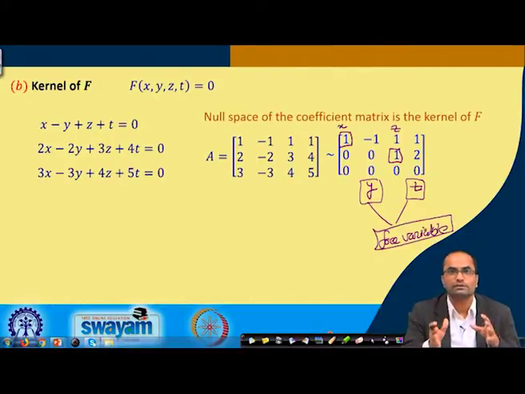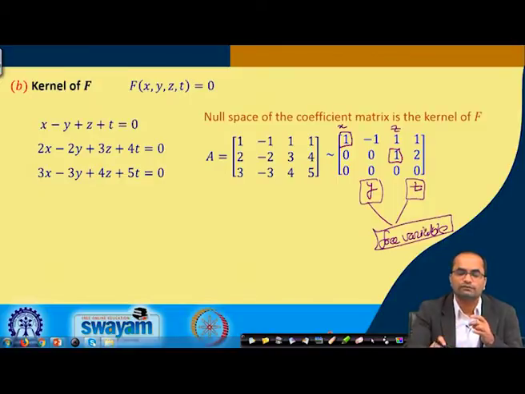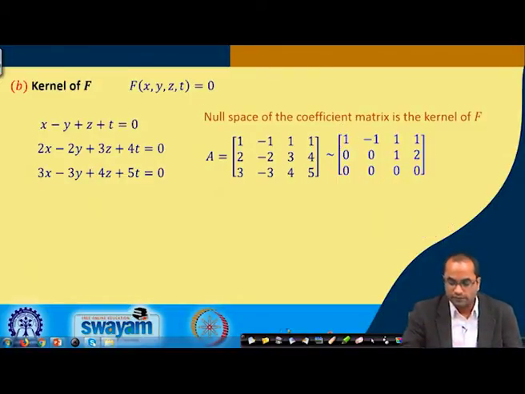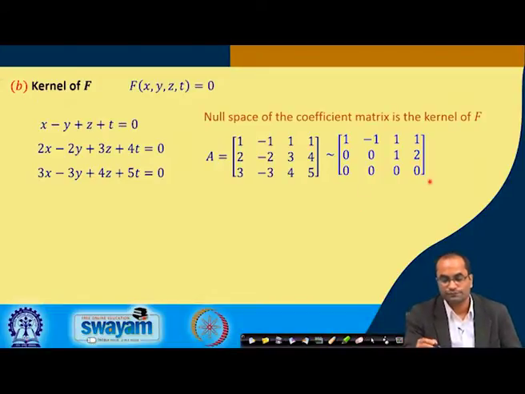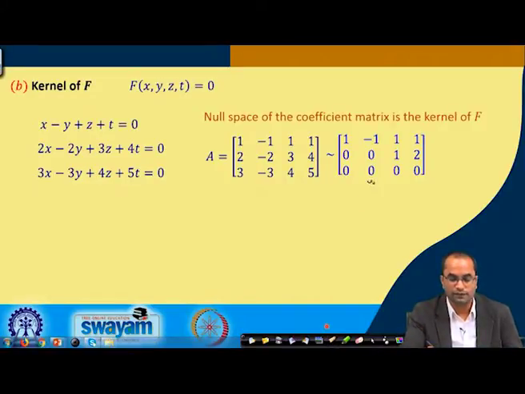So, the dimension of this kernel is clear, it is going to be 2, and we have to find the basis. For that we have to write down its solution now. First we assume the free variables.